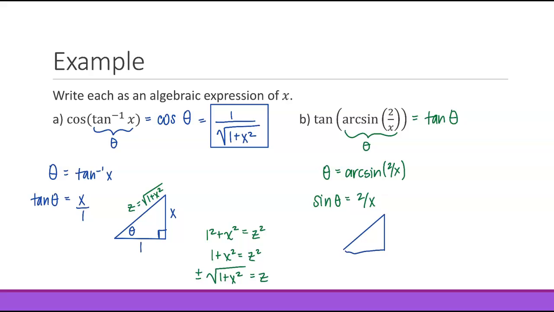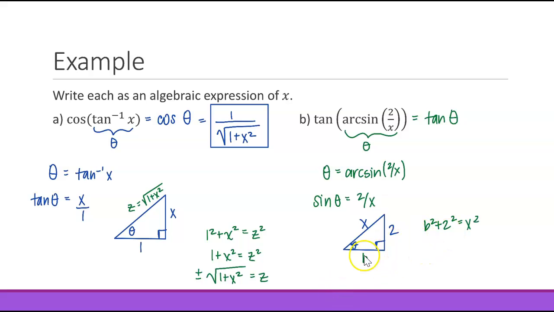So now we will create our right triangle using theta as my angle, and sine is opposite over hypotenuse. If I want tangent, I want opposite over adjacent. So that means I need to find this side length here, which I will call b for the time being. So we have b squared plus 2 squared is equal to x squared.